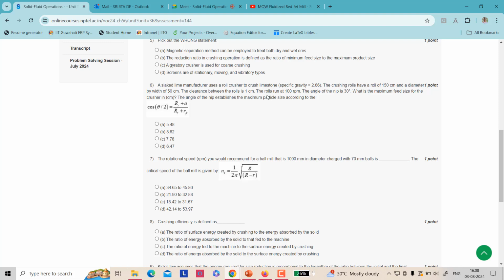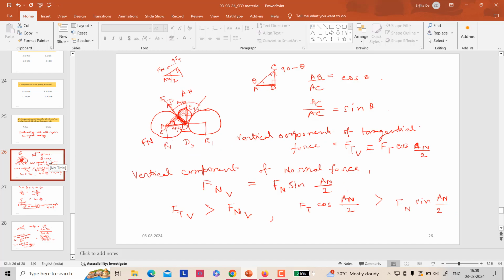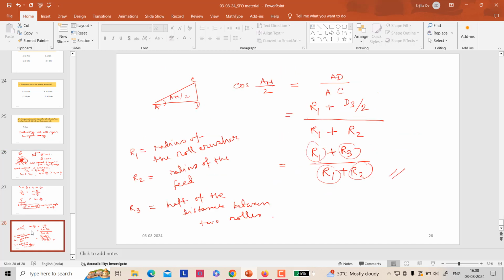So also you can see the angle and what the feed size is. The thing is that D, what we have called D here in this diagram, you can remember it as not only the clearance between the two rolls, but also the diameter of the product.